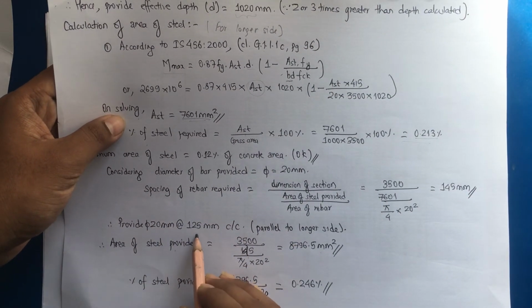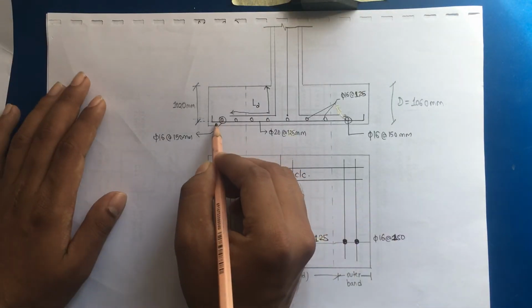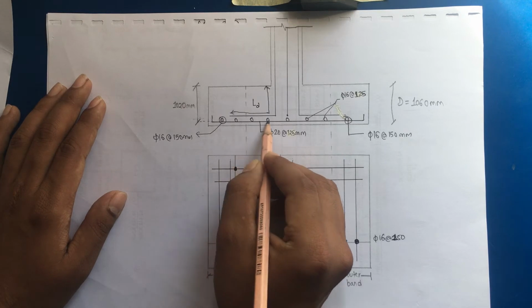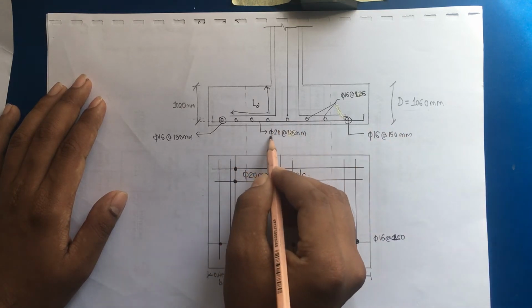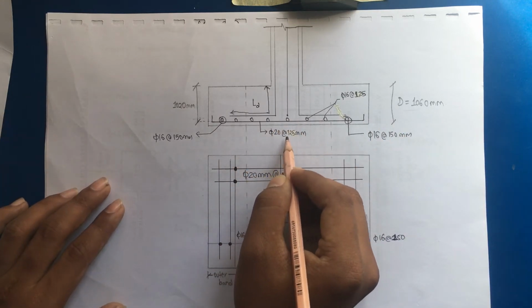So provide a 20 mm bar at 125 mm center parallel to the longer side, and this horizontal line is the bar of 20 mm at 125 center to center spacing.